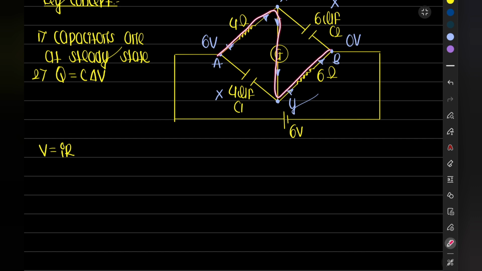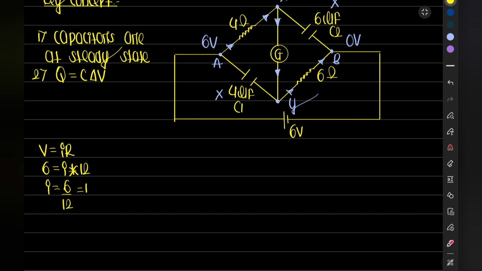So the potential difference is 6 minus 0, that is 6. Total resistance along this path is 4 plus galvanometer 2 plus 6, that is 12. So the value of I will be 6 by 12, which is 1 by 2 ampere.